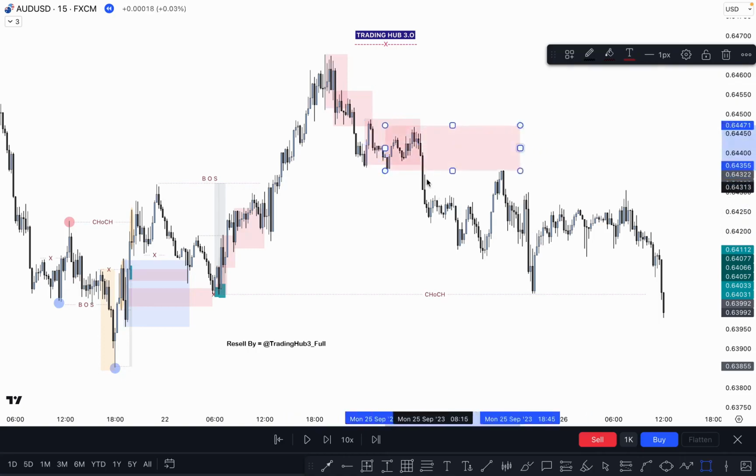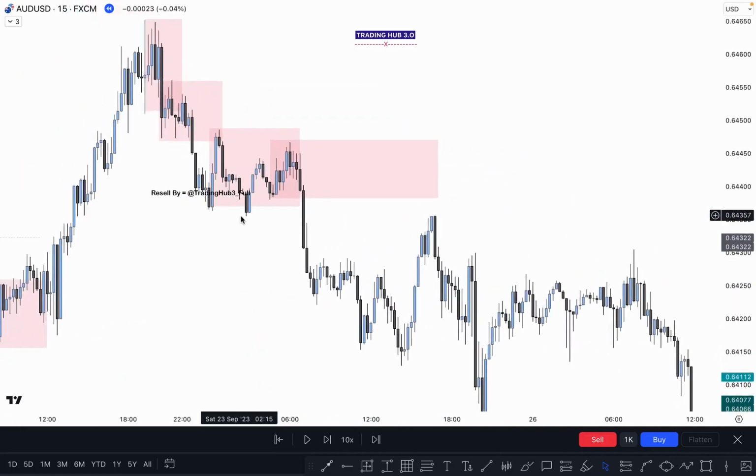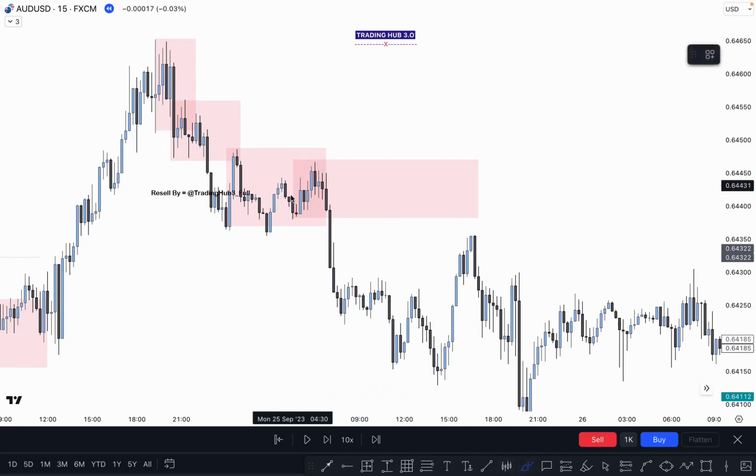And if you are thinking why not this one, this one is also an unmitigated order block, but remember this low is broken by this move. The actual momentum was created here, not this one. Not shifted here, the actual momentum started from here, right?